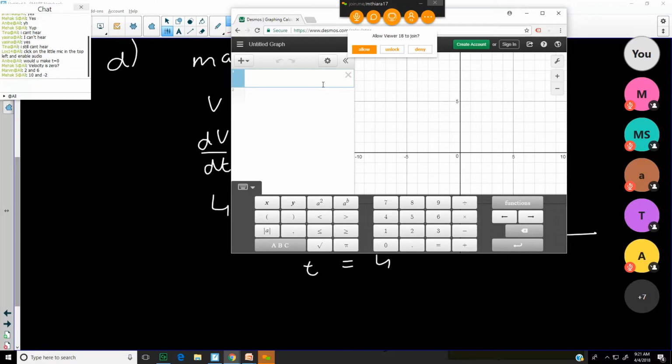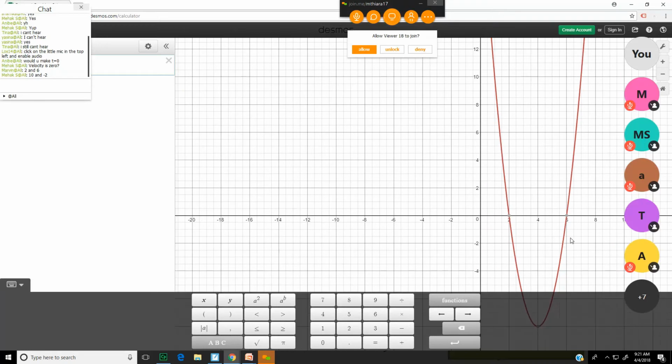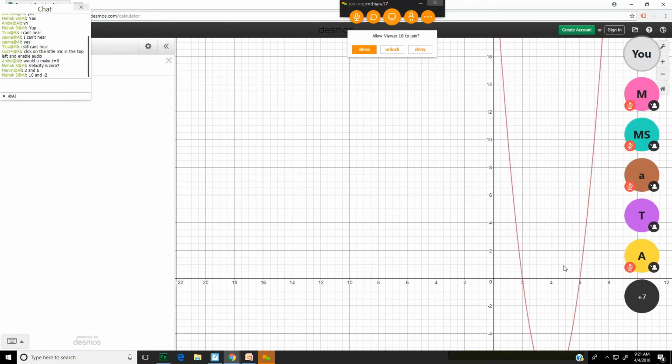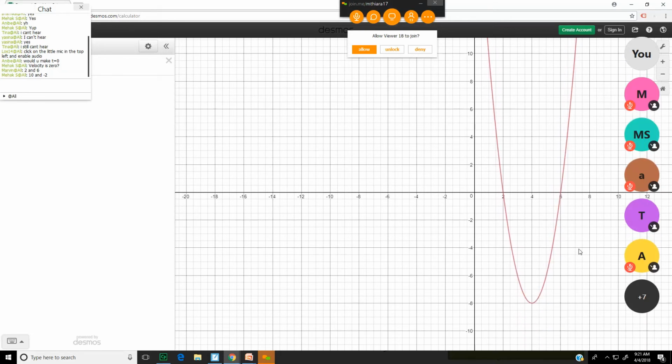So I'm going to type in y is equal to 2x to the power of 2 minus 16x plus 24. That's what this graph looks like. So now if I just zoom out a little bit, this is what the graph here looks like.